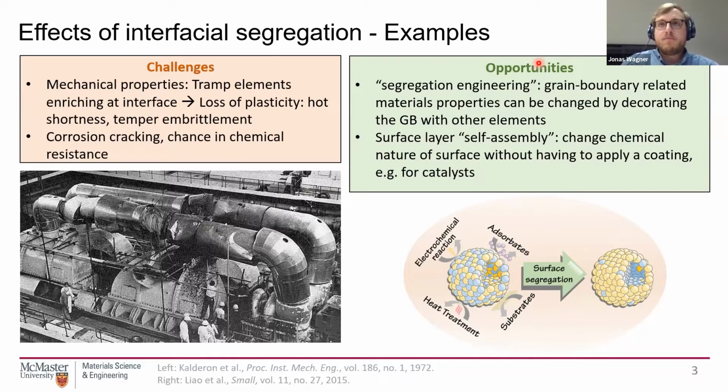So by doping, for example, certain elements and then designing a heat treatment that enriches them at the interfaces, we can, for example, change transport properties, grain boundary diffusivities, and so on. So a very interesting tool. And one case where this is applied is in the chemistry of catalysts.